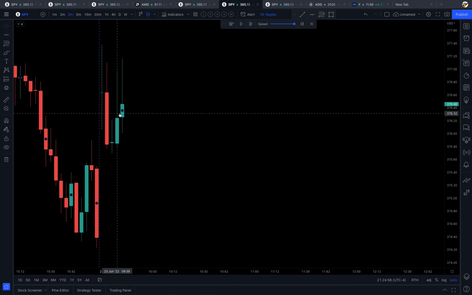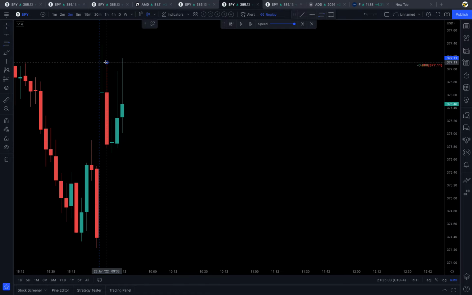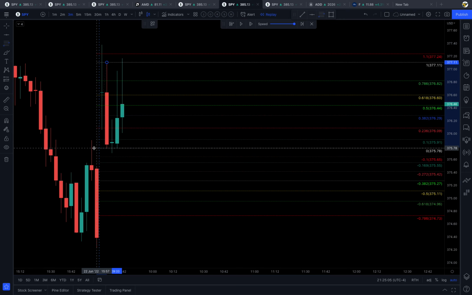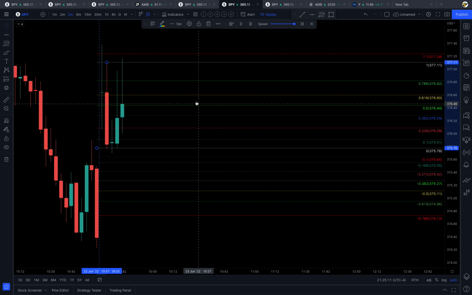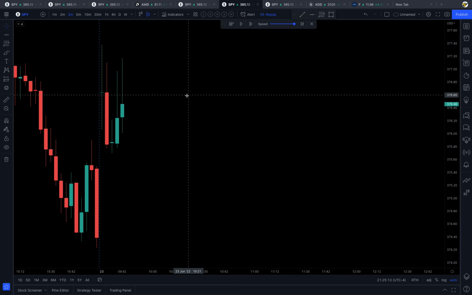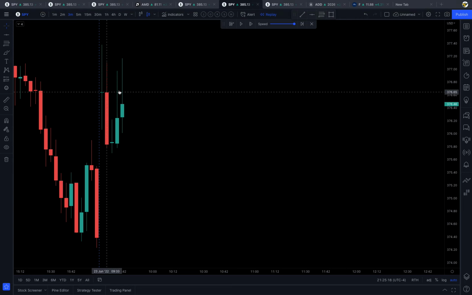Right there would have stopped me out on this green candle. So actually this candle here would have hit my 382 level and would have stopped me out on that one. But I would have switched to the 5 minute. I wouldn't have played the 3 minute on here because of this doji candle.